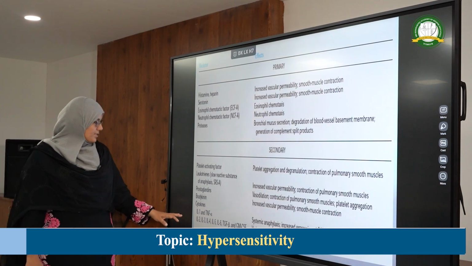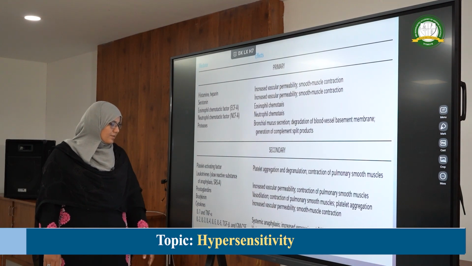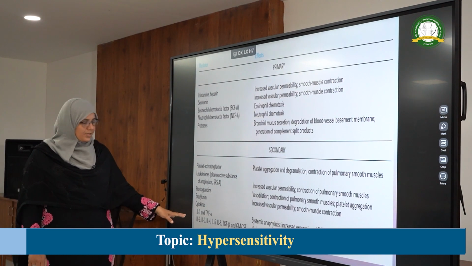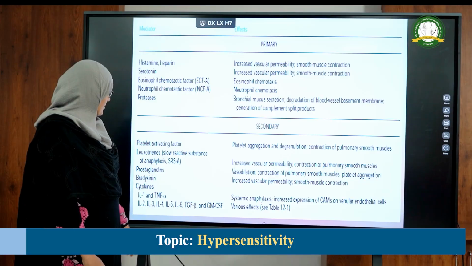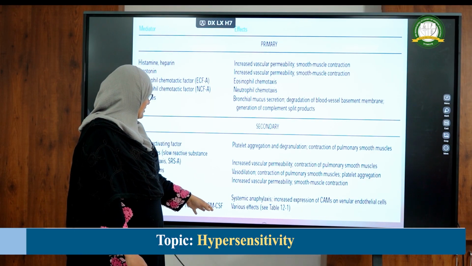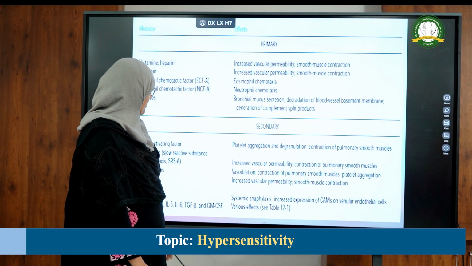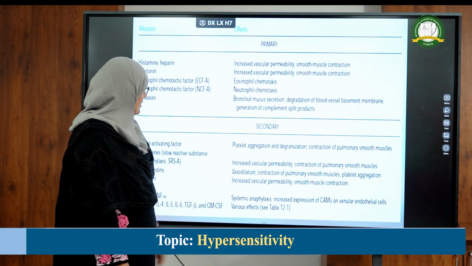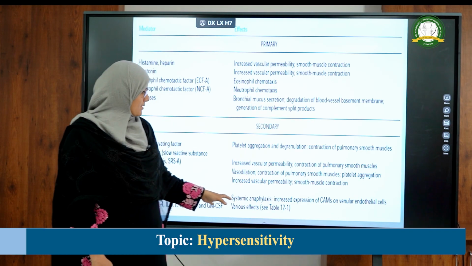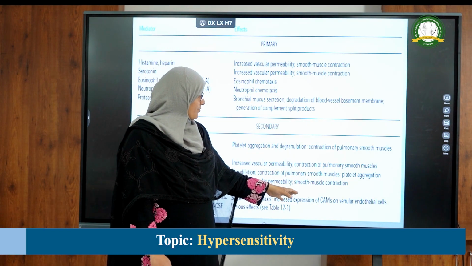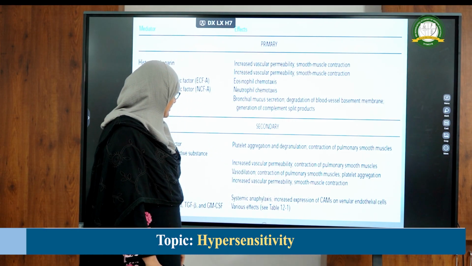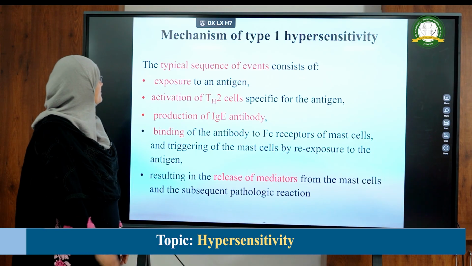Cytokines, for example interleukin 1, tumor necrosis factor alpha, interleukin 2, 3, 4, 5, 6, transforming growth factor beta, and granulocyte monocyte colony stimulating factor: all these contribute to systemic anaphylaxis, and increased expression of adhesion molecules on venular endothelial cells can be seen.